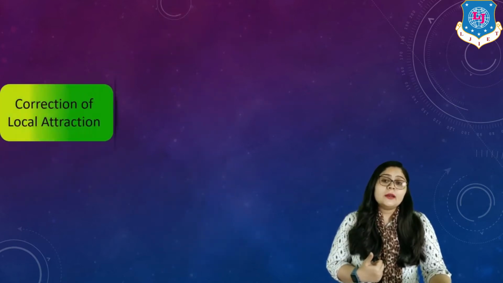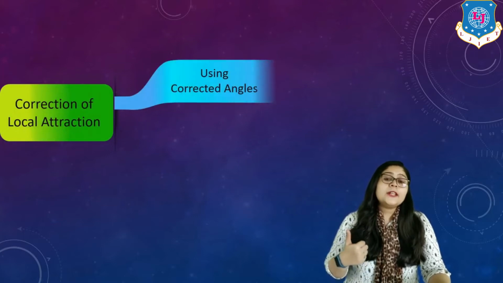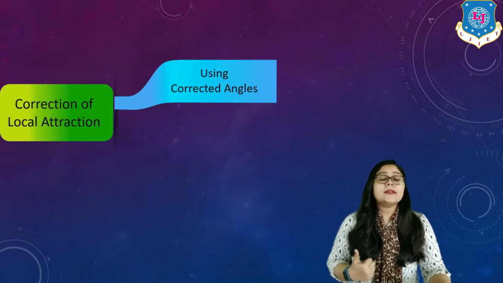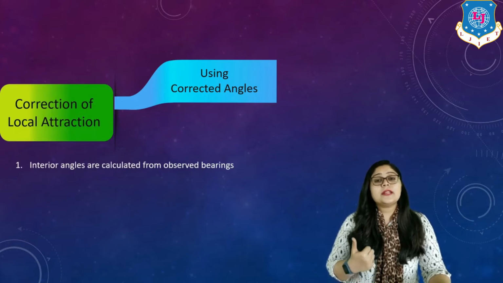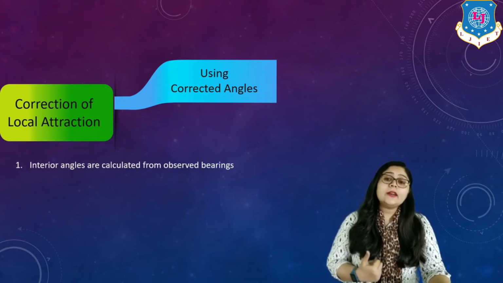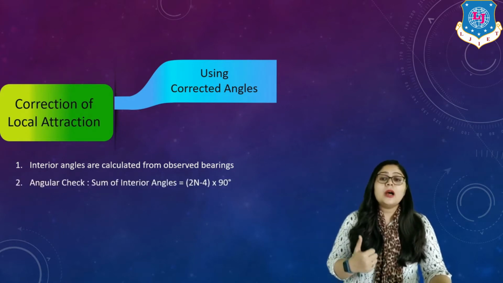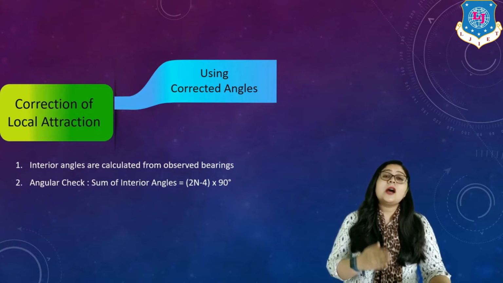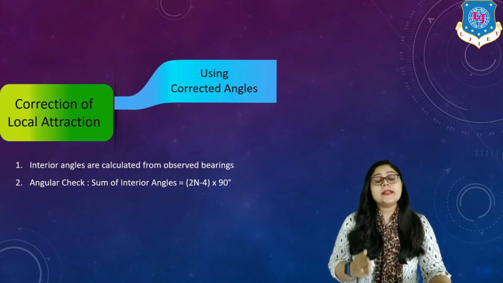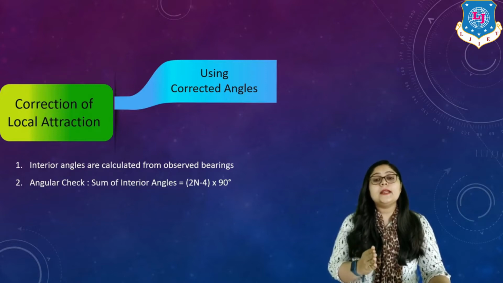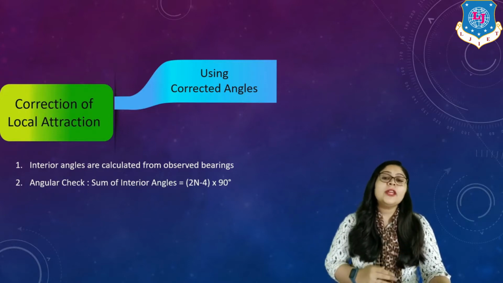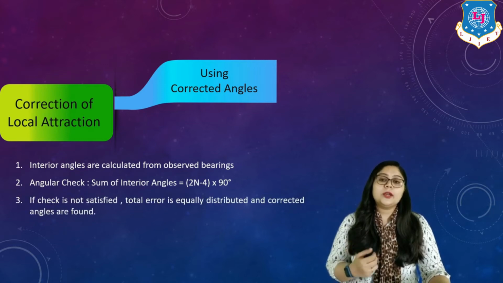For correction of local attraction, there are two methods. The first is using corrected angles, in which one should follow different steps. The first step is that the interior angles are calculated from observed bearings. Then, in the angular check, the sum of the interior angles is checked through the equation (2n minus 4) times 90, which should equal the sum of the angles you have calculated.